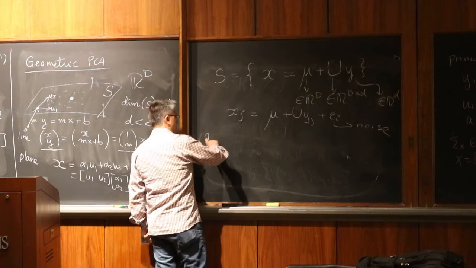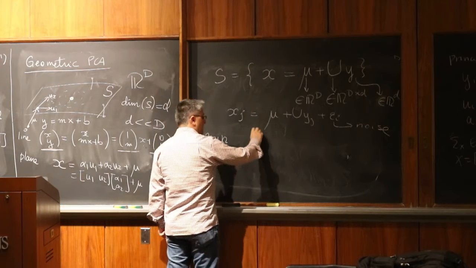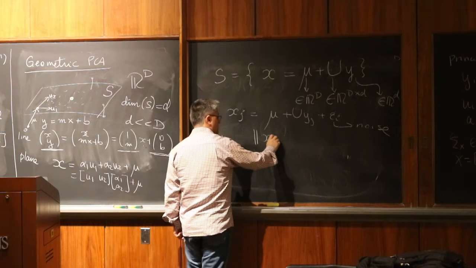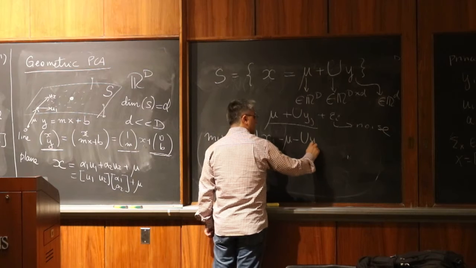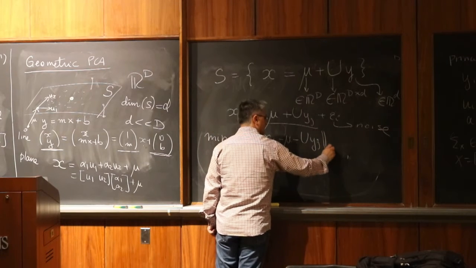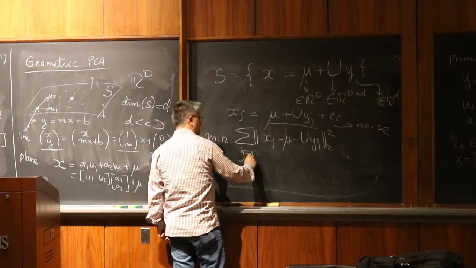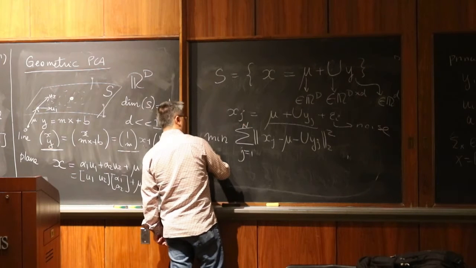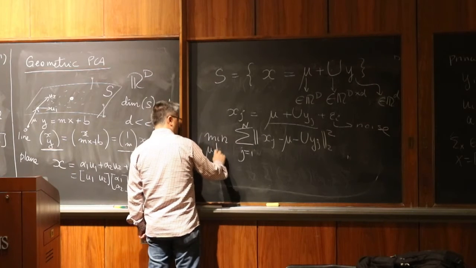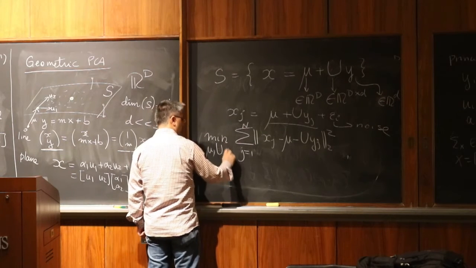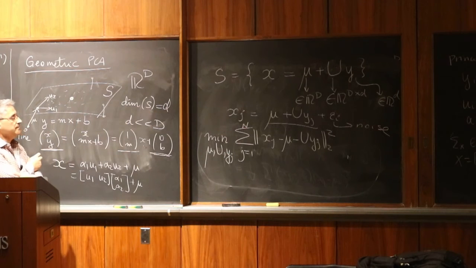So what I'm going to do is minimize the error between the jth point and this prediction, and now sum the errors over all data points, and minimize that with respect to U, mu, and y.